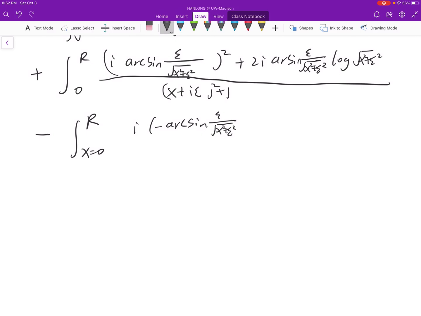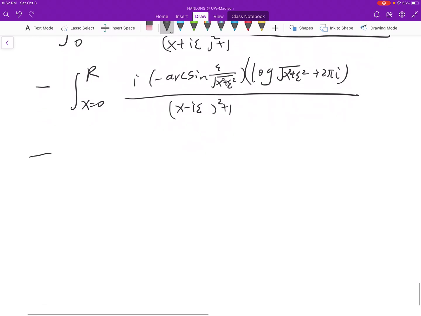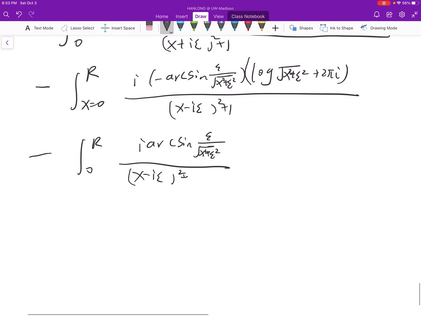Okay, and times log square root of x squared plus ε squared plus 2πi divided by (x minus iε) squared plus 1, minus integral from 0 to r of i arcsine ε divided by x squared plus ε squared, divided by (x minus iε) squared plus 1 dx.